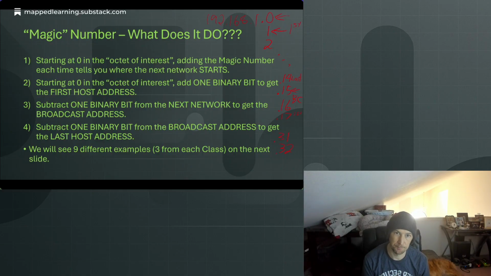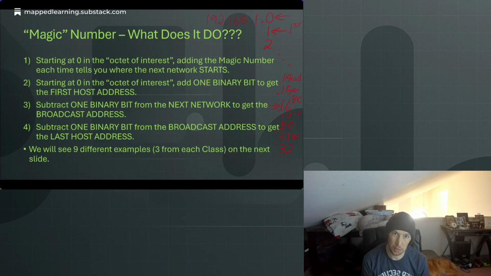What is that? That is the broadcast address for the 16 net. And finally, if I subtract one binary bit from 31, I get .30. And what is that? That is the last available host for this particular network, subnet.